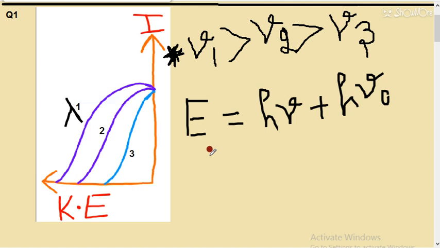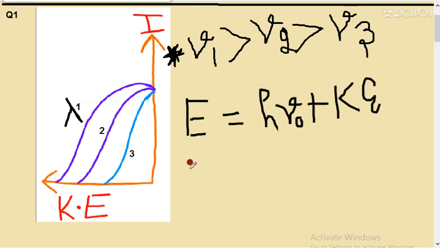Sorry, here we have to write h mu naught. This is h mu naught plus kinetic energy. So kinetic energy is equal to energy, we can write h mu. So I have discussed already, h mu minus h mu naught.